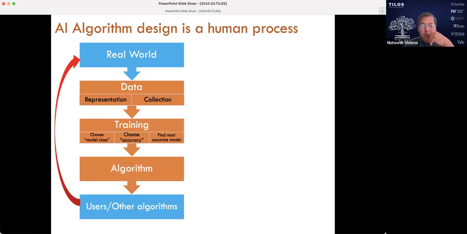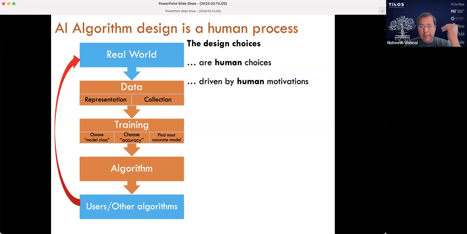So a little bit more mathematically, algorithm design is a human process. In each and every step of this process, human decisions are involved. These are design choices made by humans, driven by human motivations, and often many humans are involved, and some of the motivations make it, some of the motivations don't.